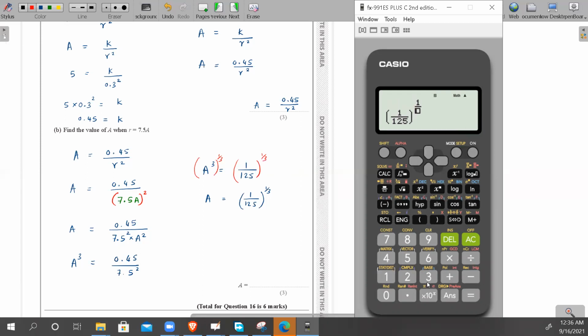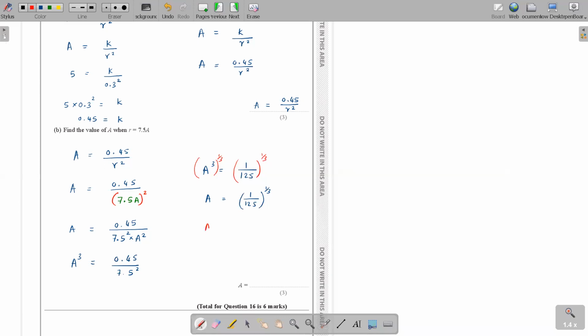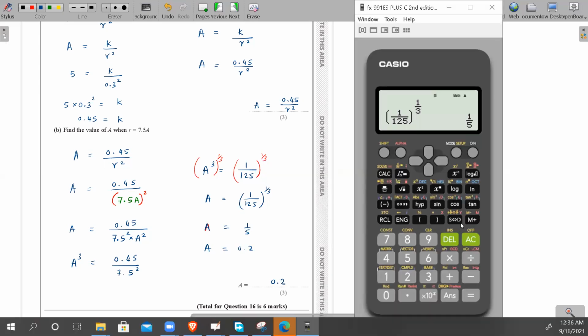The answer for A is 1 over 5, which is 0.2. Right? A equals 1 over 5, which is 0.2.